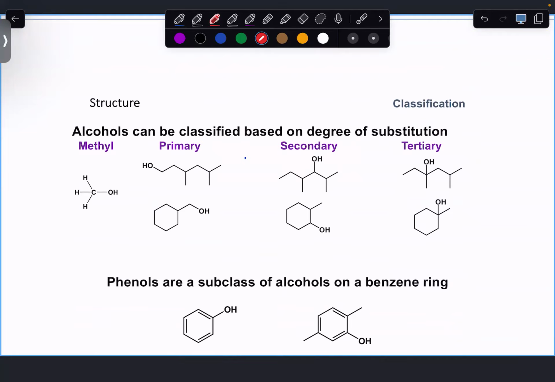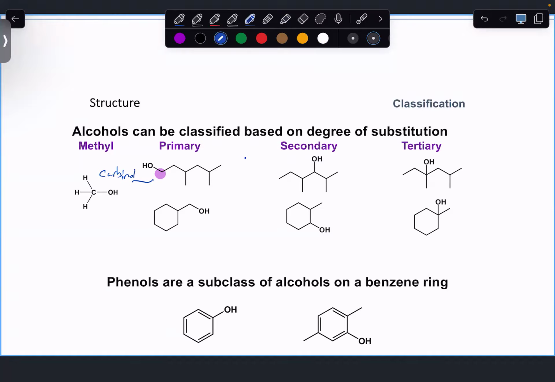Now, when it comes to the classification, what you're really looking at here is the carbon that is holding on to the hydroxyl group. By the way, that is also given a special name. We're going to refer to that carbon as the carbonyl carbon. The carbonyl is the one that's holding the hydroxyl.